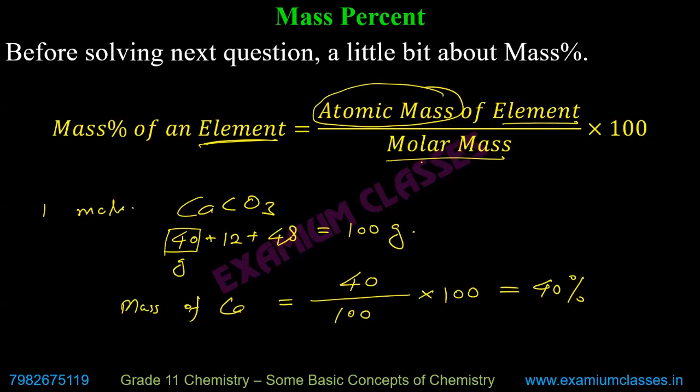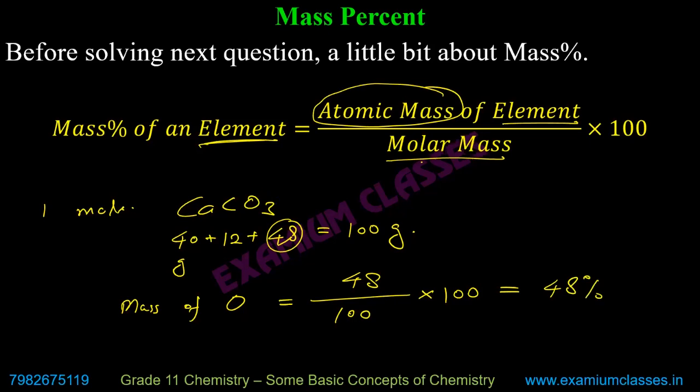Sir, if we had to calculate for oxygen, then we had to multiply it by 3? No, in that case you will consider 48 here. Yes sir, that is what I meant: oxygen will be 16 into 3, 48 divided by 100. Okay, sir.